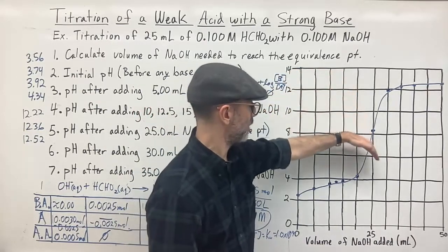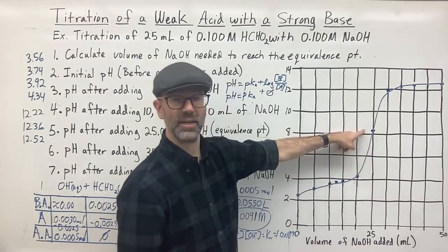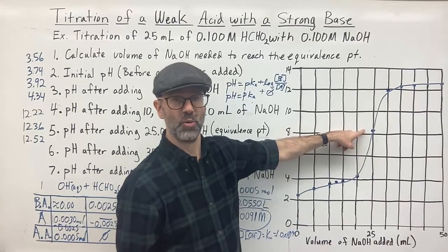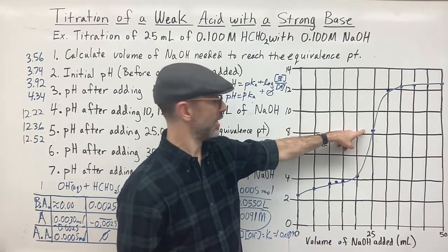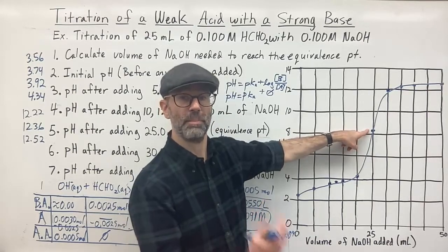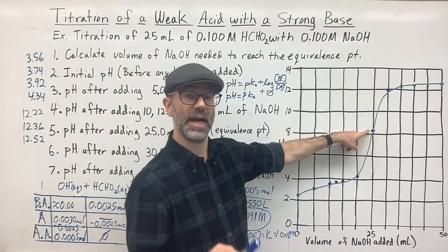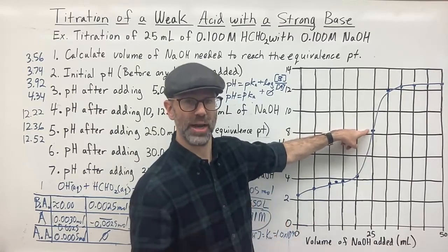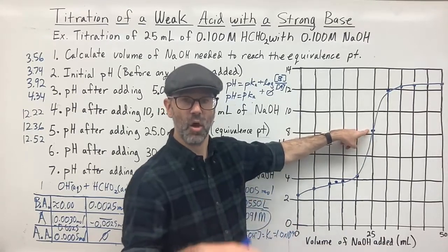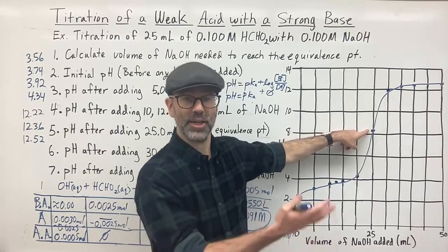Just as the equivalence point when you're titrating a weak acid with a strong base is basic, because you've got leftover conjugate base, when you're titrating a weak base with a strong acid, once you've eliminated all of the weak base, the only thing you have left over is the conjugate acid.